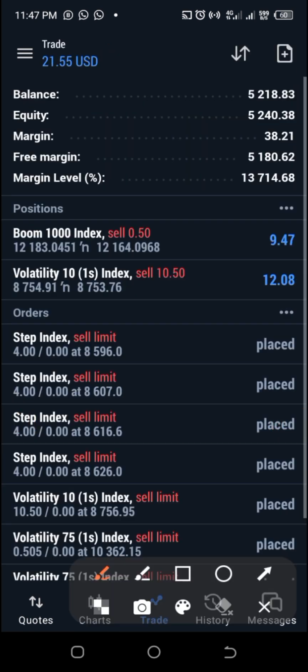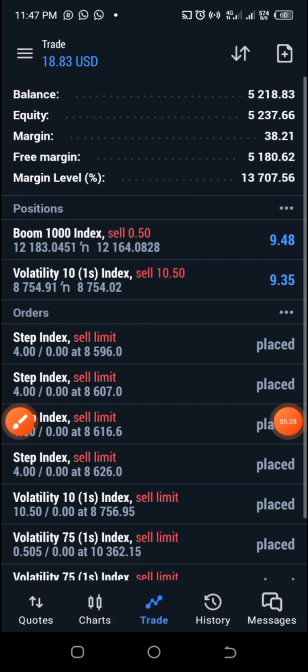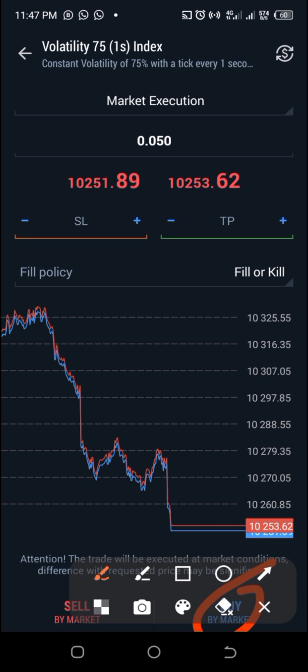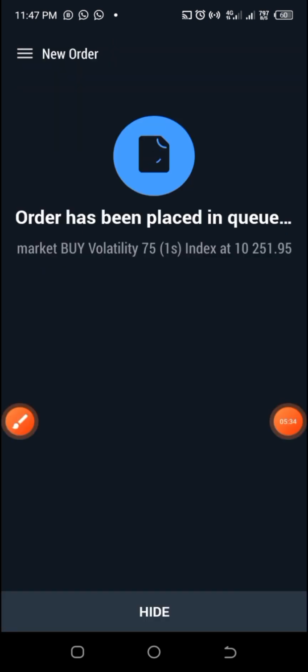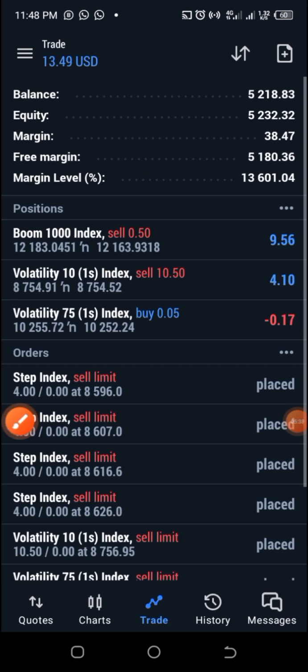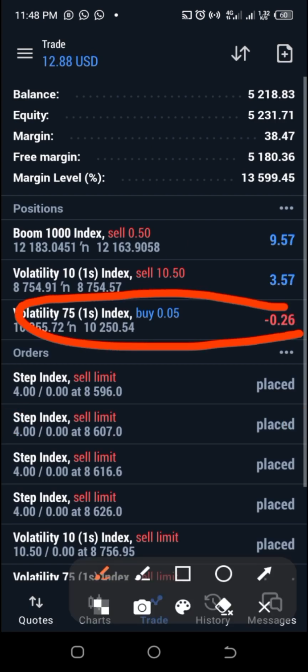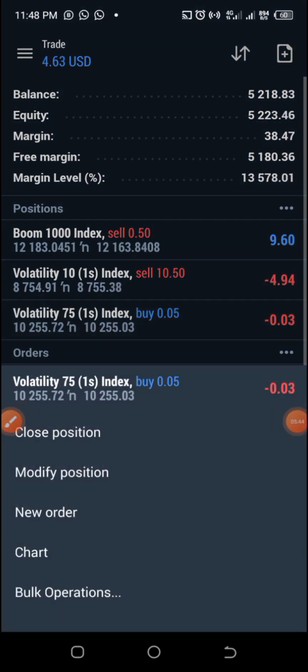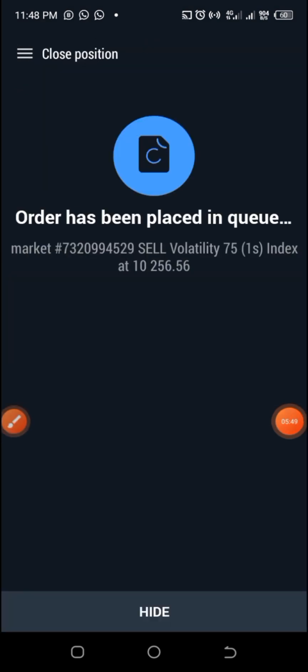Go back to the top right corner, then you click on buy immediately. So let me do it. You can see I have bought. So once you come here, you can see what we have done. It's reflected here. All right, let me close it again. Hold and close, then you press on close position, right?